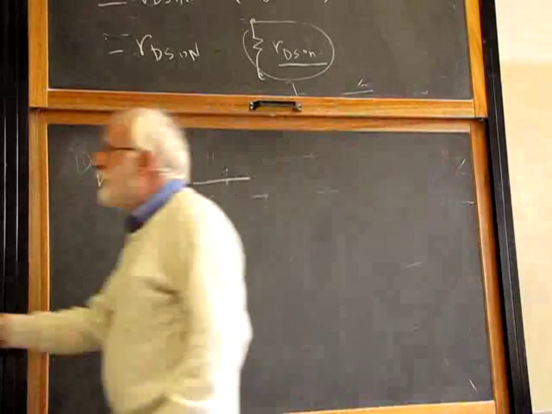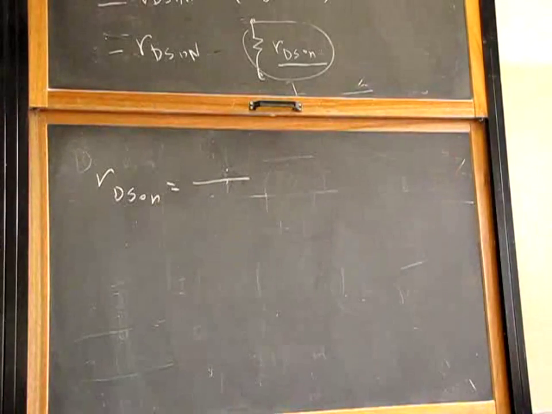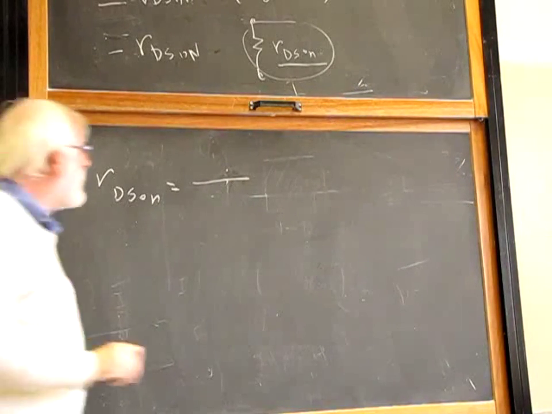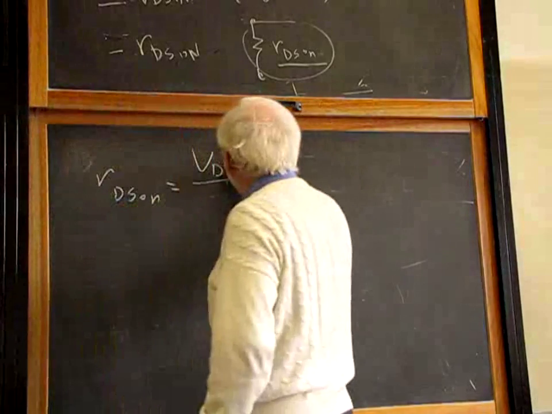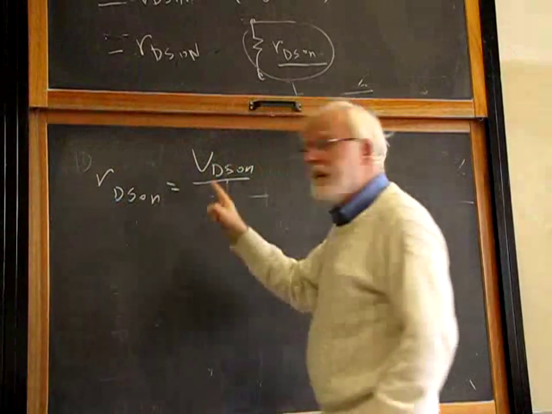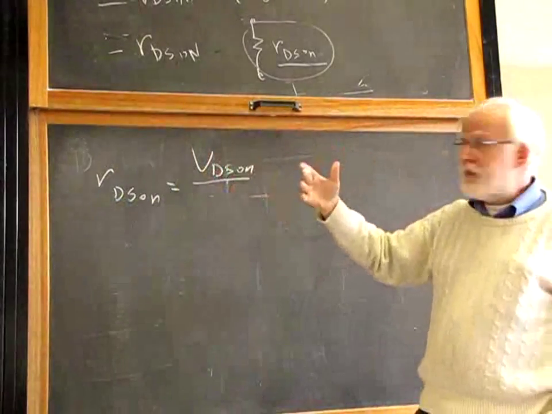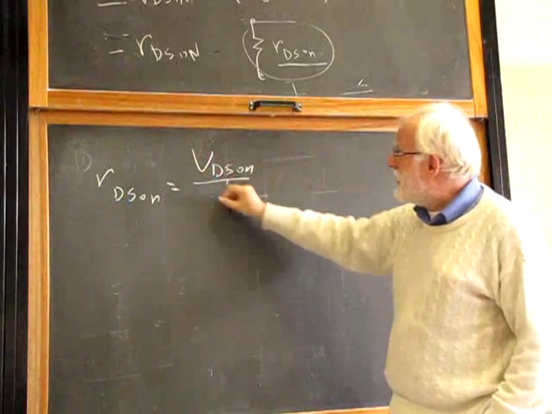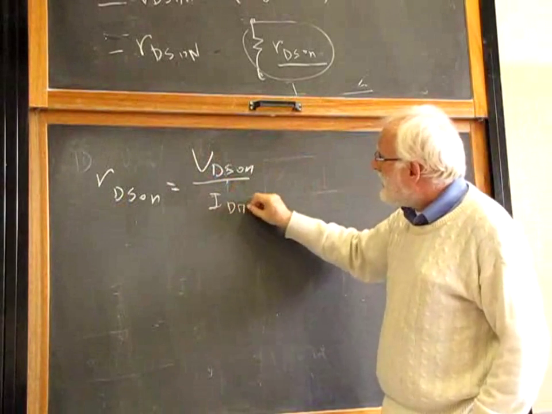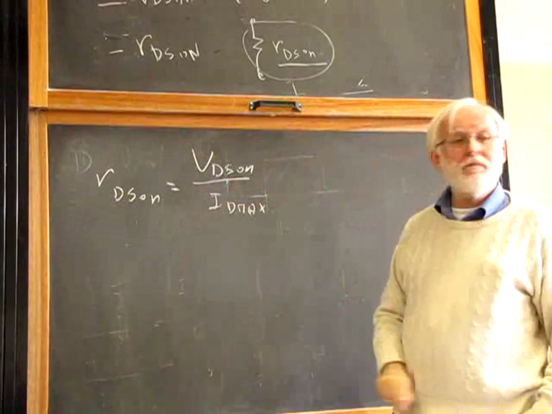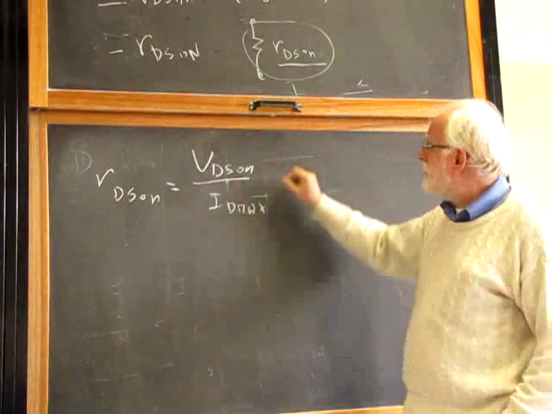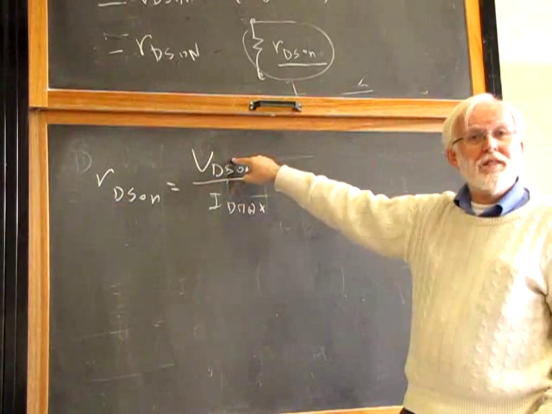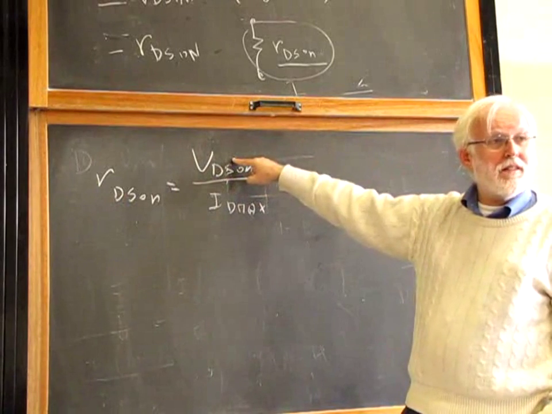What voltage? The voltage across this resistance. That is VDS on, the voltage that you allow to drop across your switch, divided by ID max. That is your choice, your call.